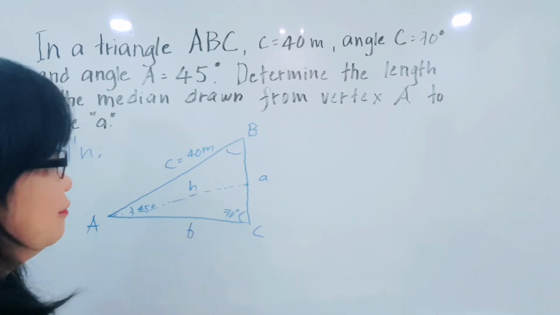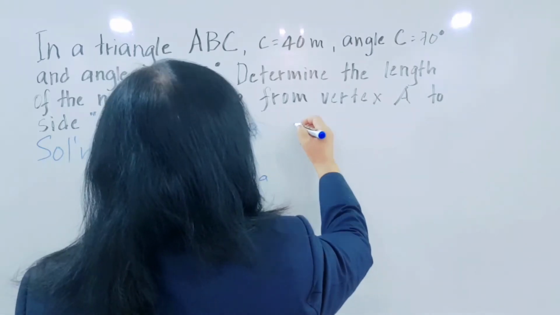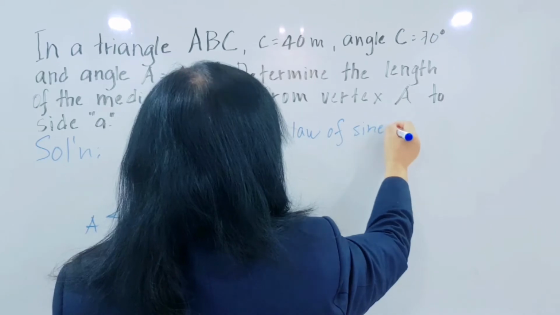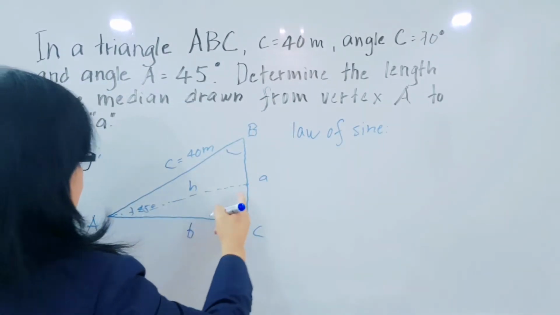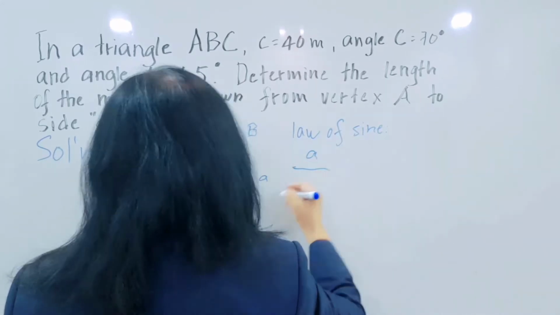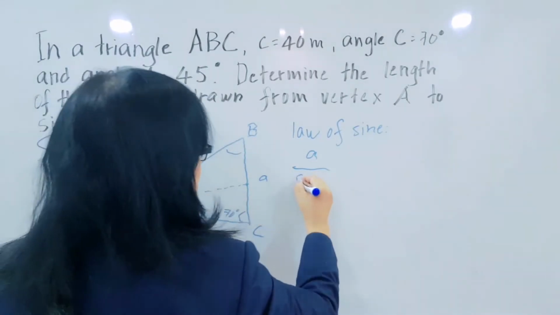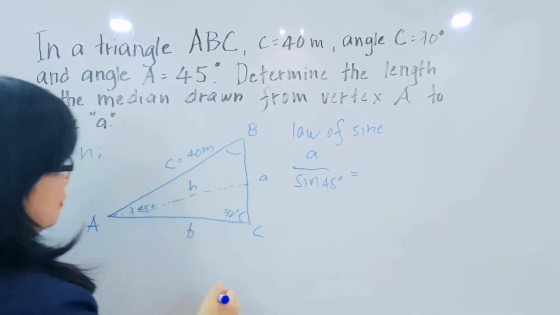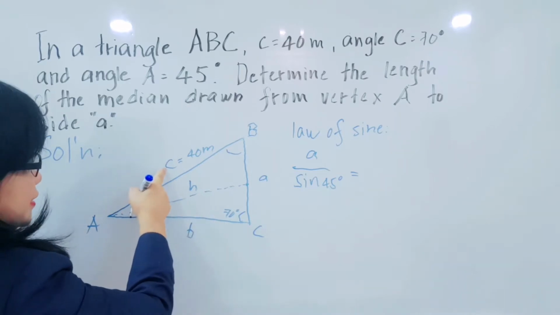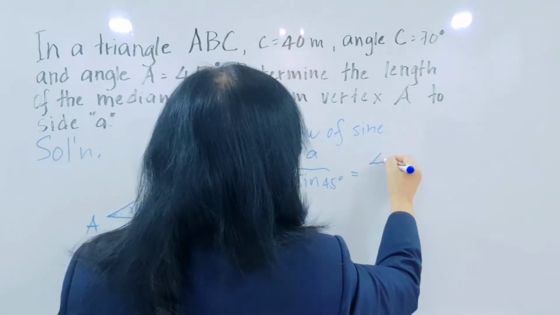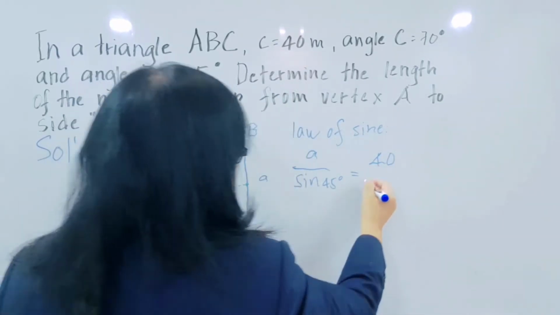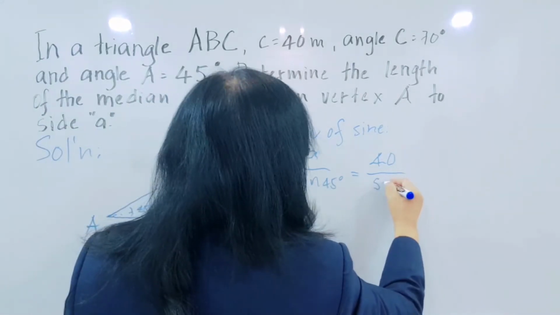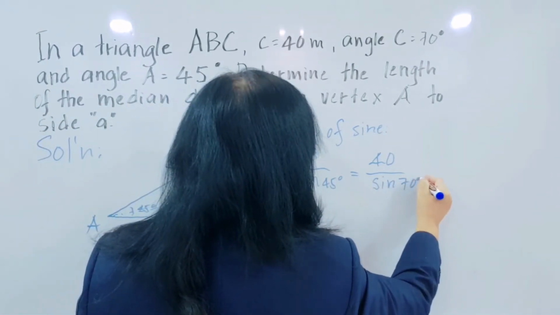Using the law of sine, which states that side A over the opposite angle, which is sine of 45 degrees, is equal to side C, because it's given, 40, over the opposite angle, which is sine of 70 degrees.